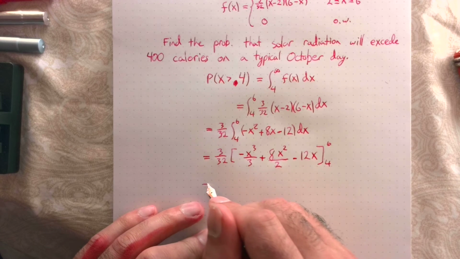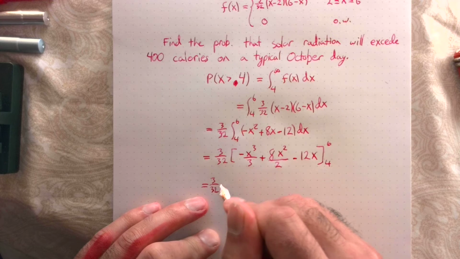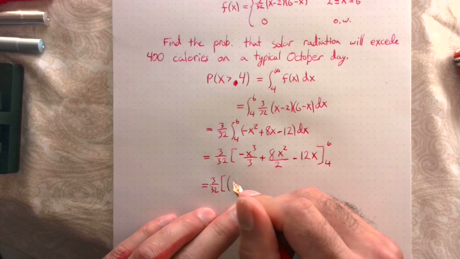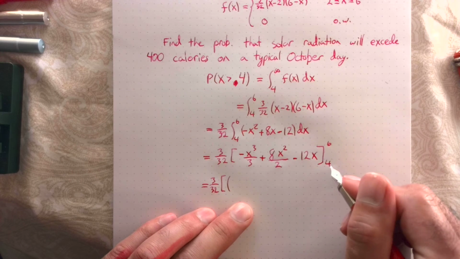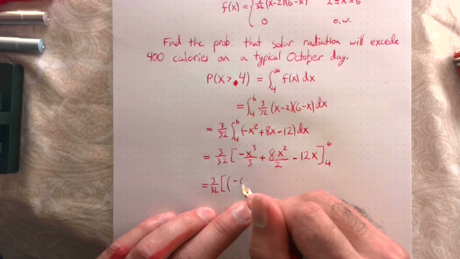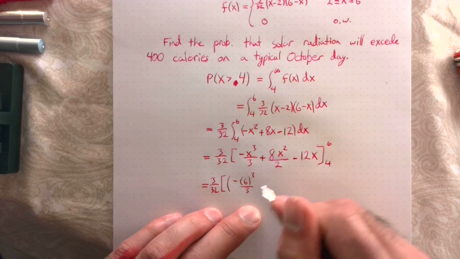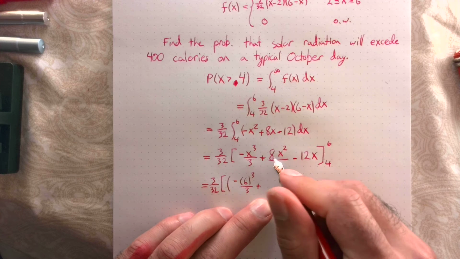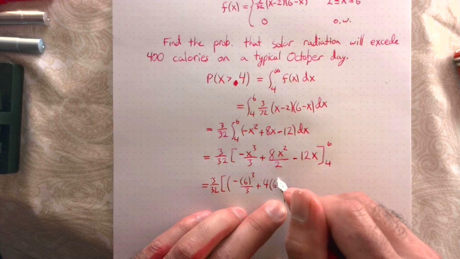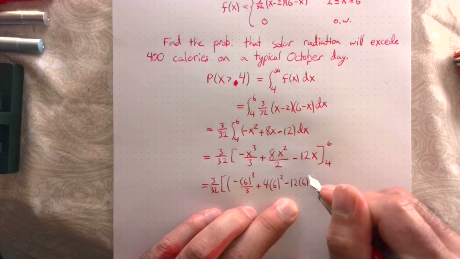So again, what do we want to do? We want to plug in the top value. So we want to plug in 6 and subtract off plugging in 4. So this is going to be minus 6 cubed over 3 plus, now this is going to be 4 times 6 squared minus 12 times 6.